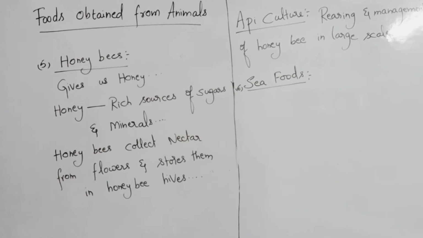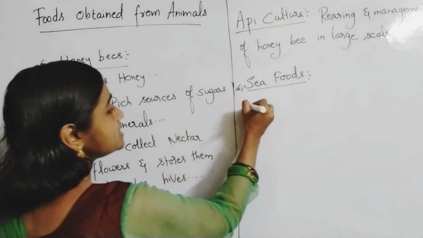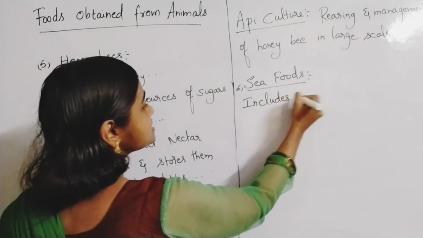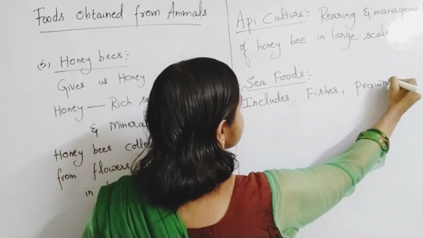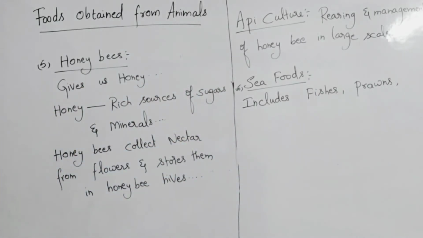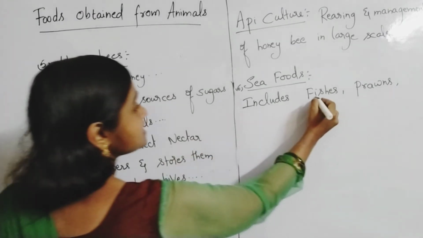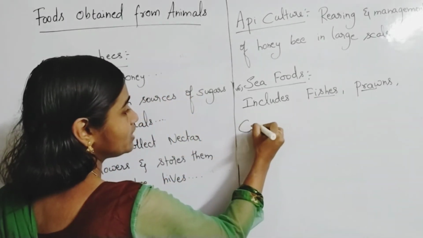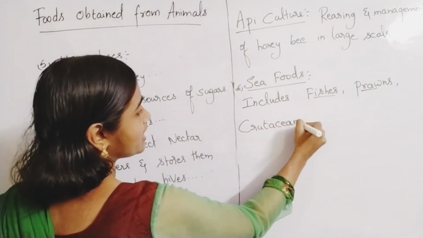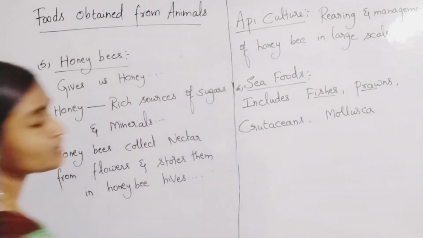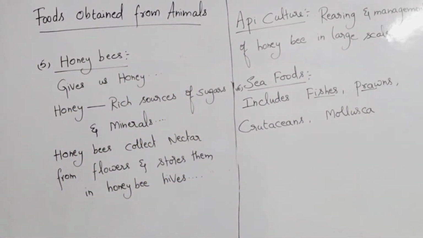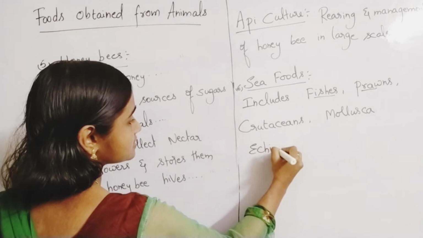What does it include that we have to learn? Seafoods include fishes, prawns, crustaceans, mollusca, and echinoderms. Fishes and prawns we have already learned.